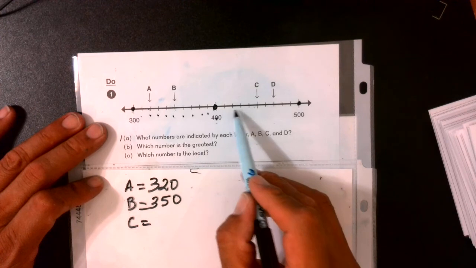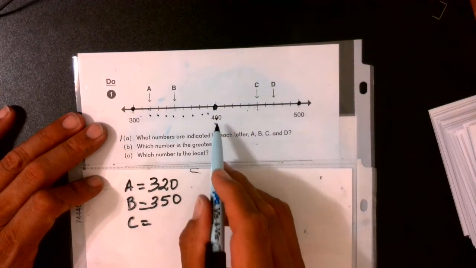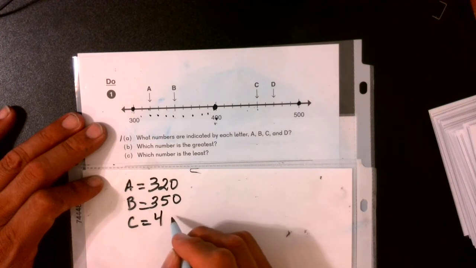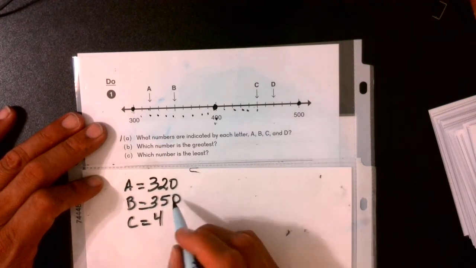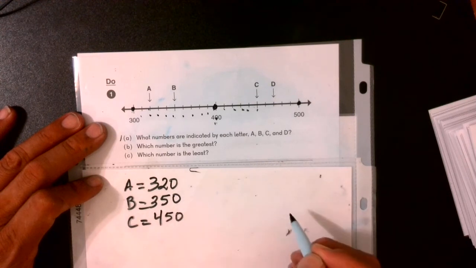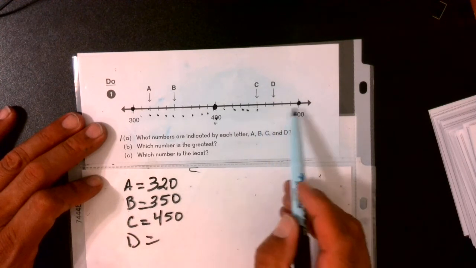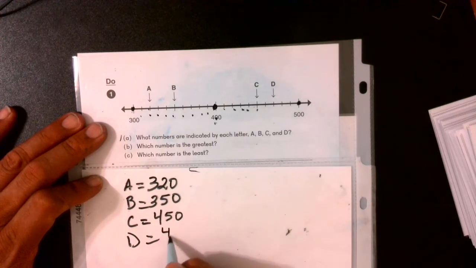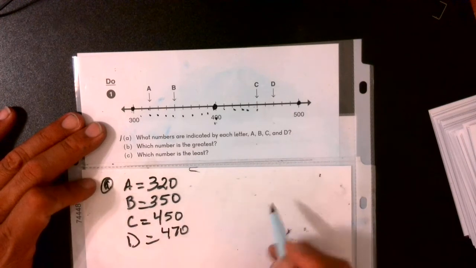There's 1, 2, 3, 4, 5. There's 5 tick marks, and we're starting with what? 400. There's 5 tens. So that's 450. And D would be what? 2 more tens, which would make what? 475. So that's for question A.